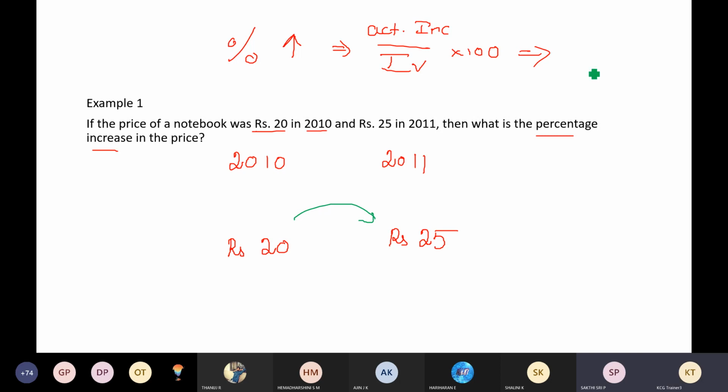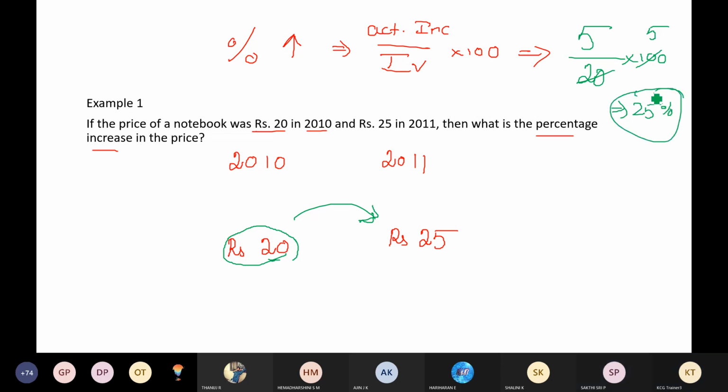Five. Yes. 5 rupees got increased from the initial value. Initially, what was the value from which it increased? Initially, it was 20. After increasing, it became 25. So the initial value was 20, into 100. So 5 by 20 into 100, the answer is 25%.